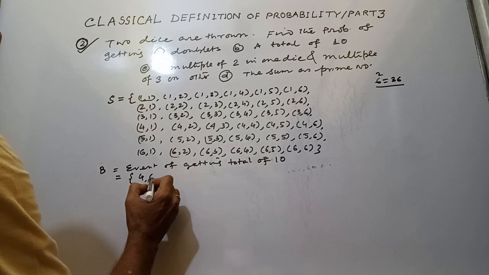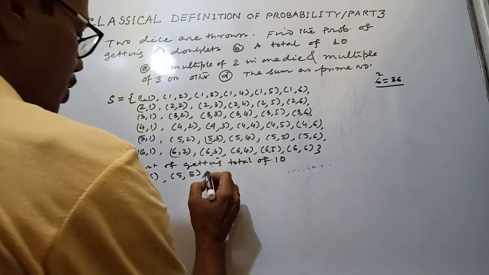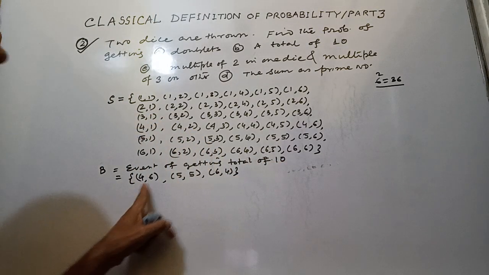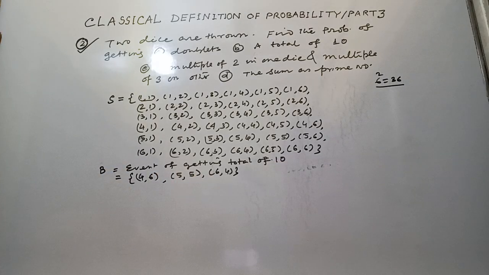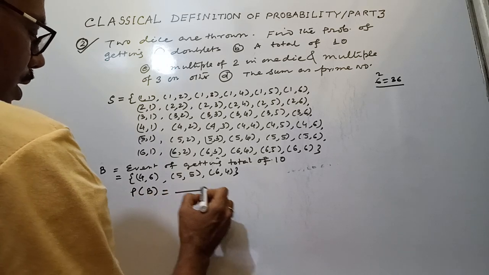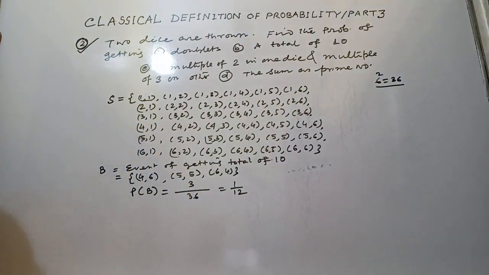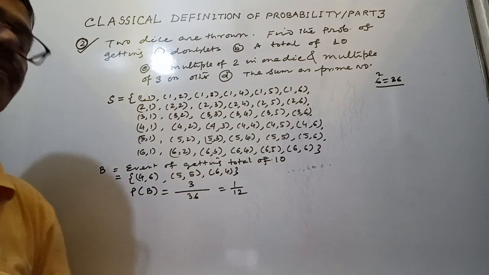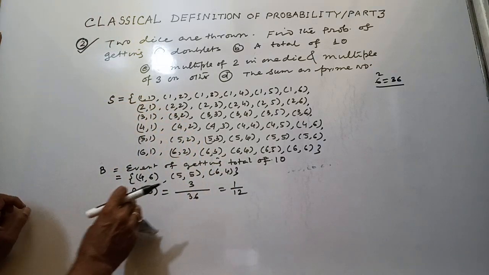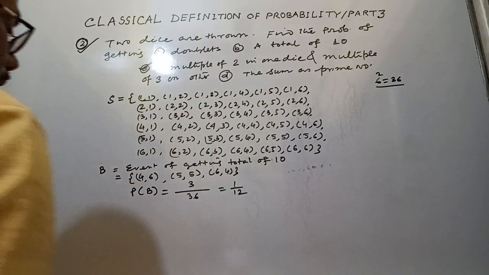So 10 is 4 6, 5 5 and 6 4. These are the favorable cases. So what is P(B)? 3 by 36, so 1 by 12. Now this is also very simple. Now the third case: a multiple of 2 on one die and a multiple of 3 on the other.